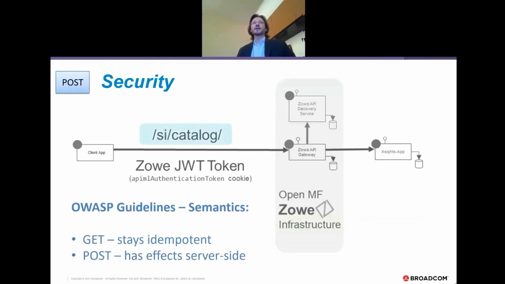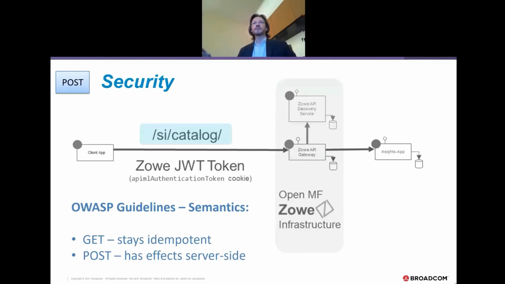Our first protection against that is to keep to the semantics of REST and to make sure that operations like GET stay idempotent, meaning that they don't have side effects or cause things to happen on the back end. I can make a GET request once or twice or three times, and it's always the same result. And someone in another domain will never be able to see that encrypted packet returned.